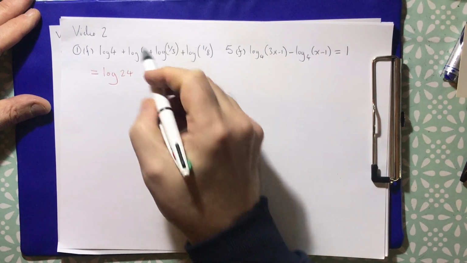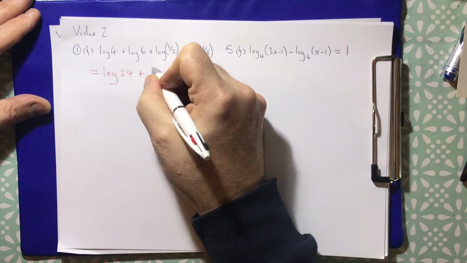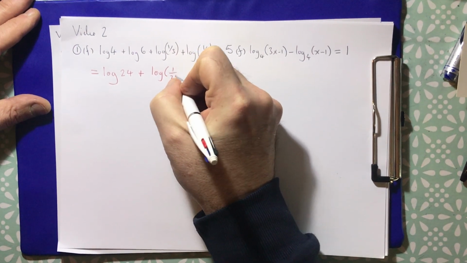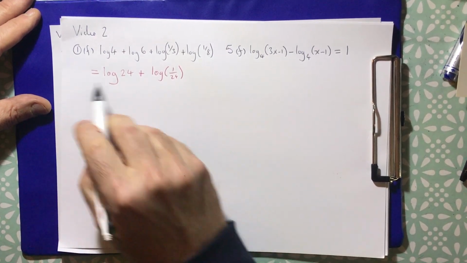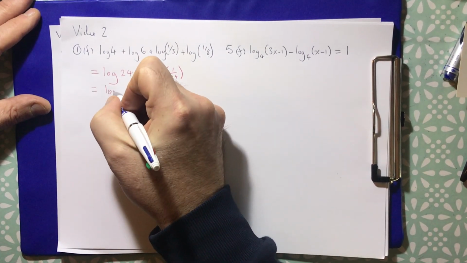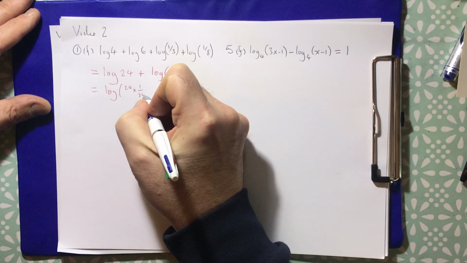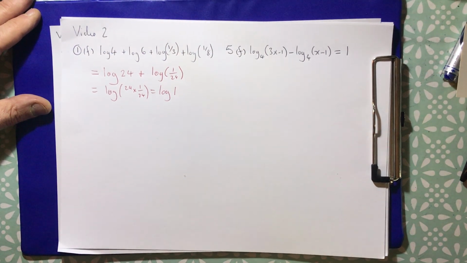The other one, look, log of a third plus an eighth. So that would be log of a third times an eighth, which is 1 over 24. And if we add them, remember we're multiplying. You've got log of 24 times 1 over 24, which is just log of 1, isn't it?